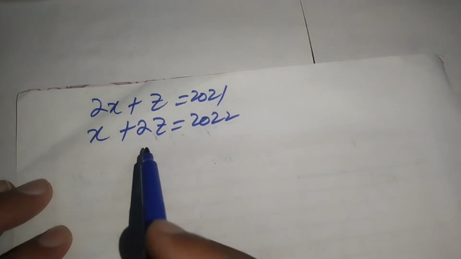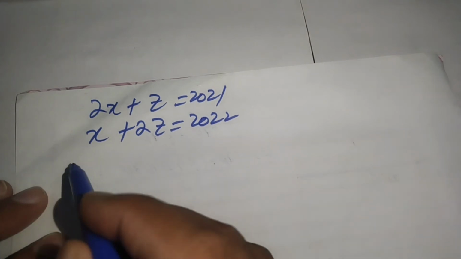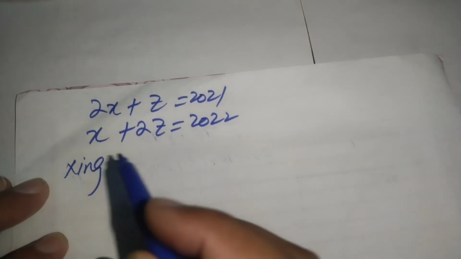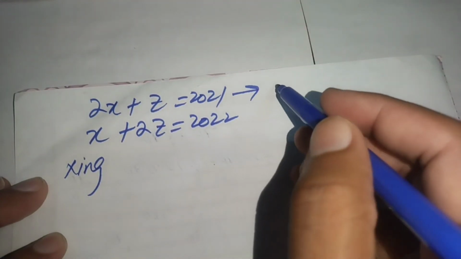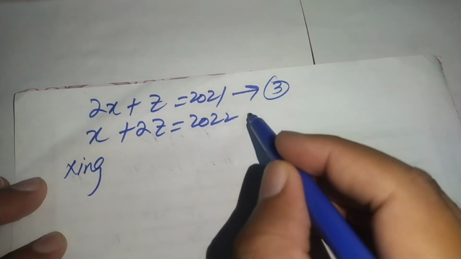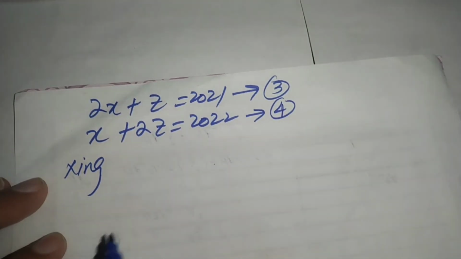In order to solve the equations, we name this equation as equation number 3 and this equation as equation number 4.